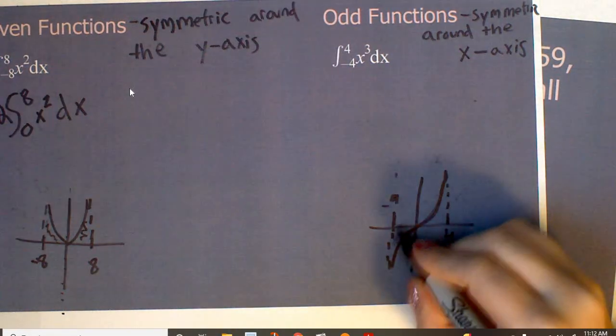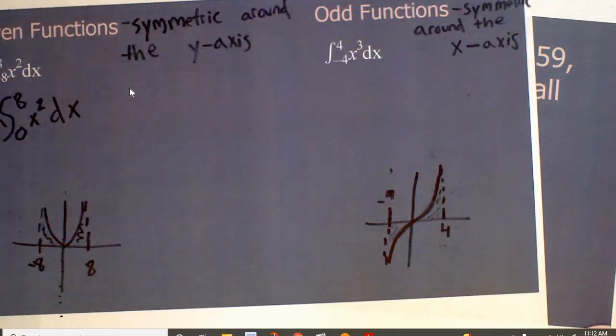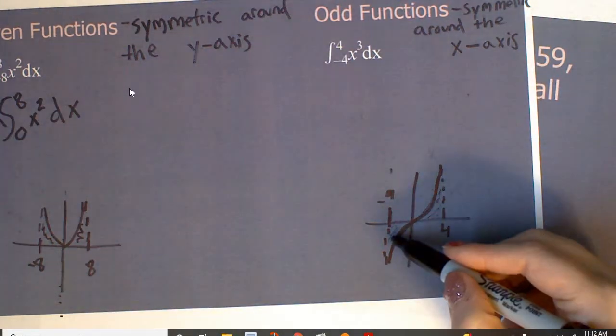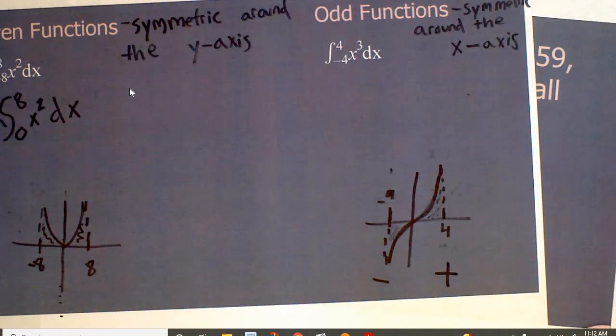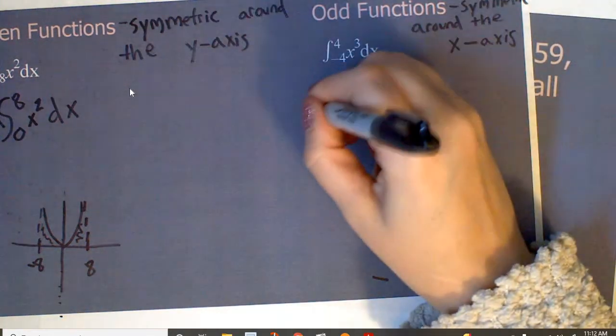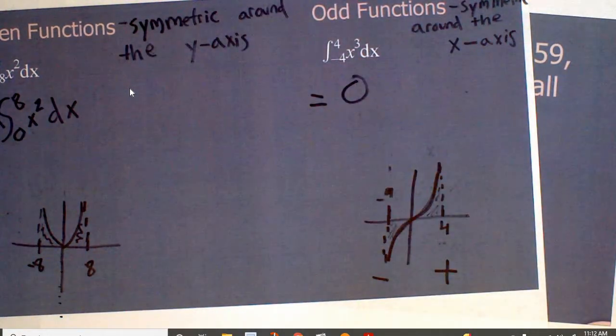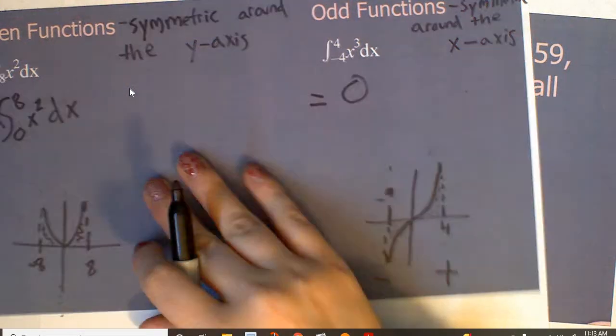So this area and this area have to be equal, okay? But notice that because my first area is negative and my second area is positive, when I integrate these, they're basically going to undo each other, and so we're going to end up with 0. And so that's just nice for us to think about.